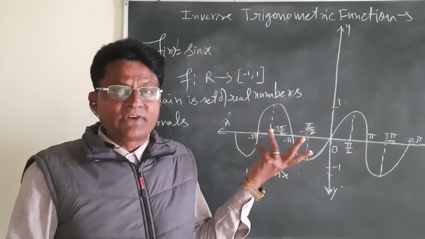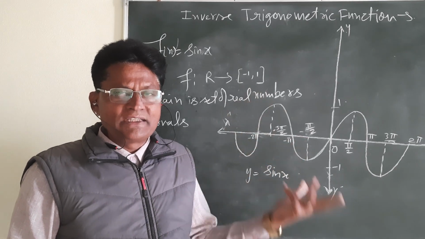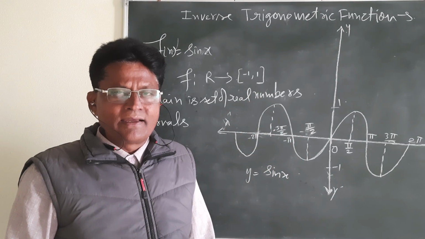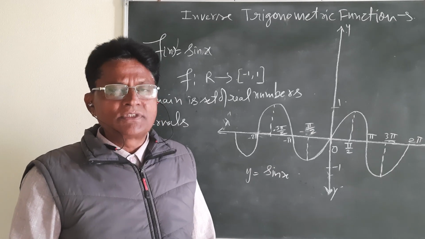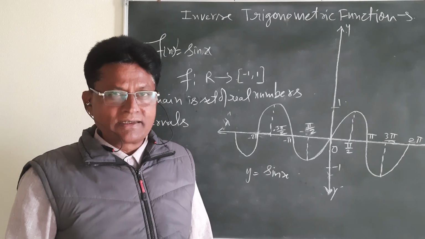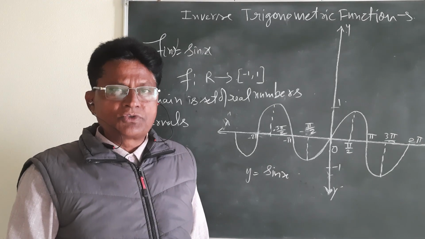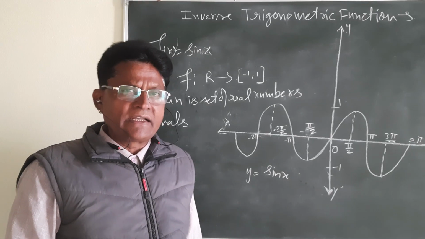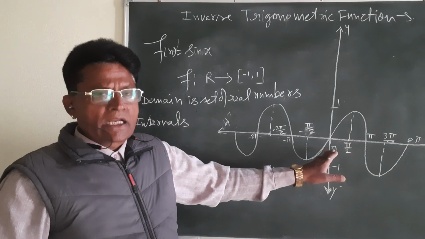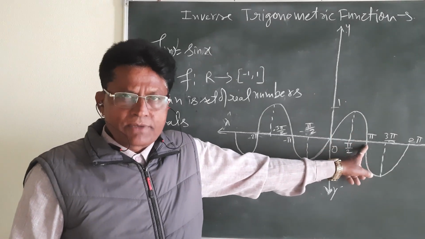Otherwise it will be very difficult to find out the solution of the question. For all the intervals it will be very difficult, that is why our mathematicians restrict the interval to minus pi by 2 to pi by 2.